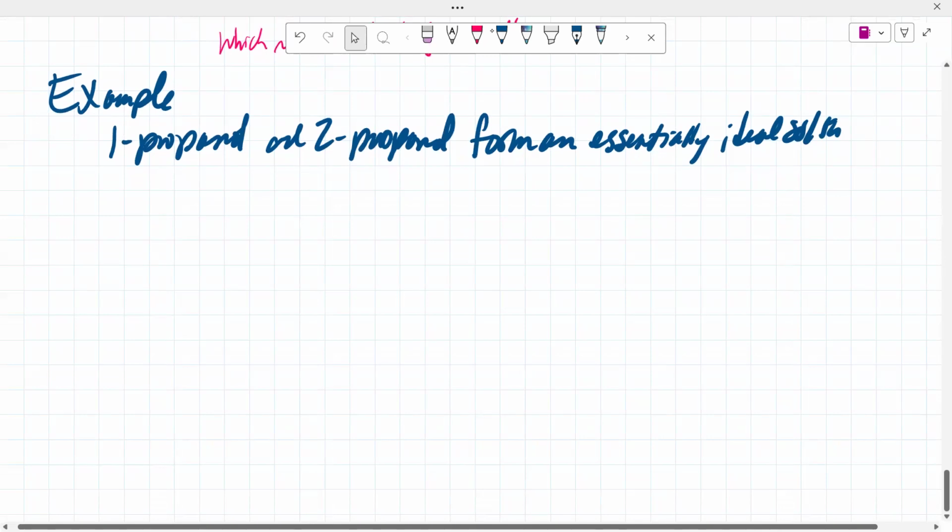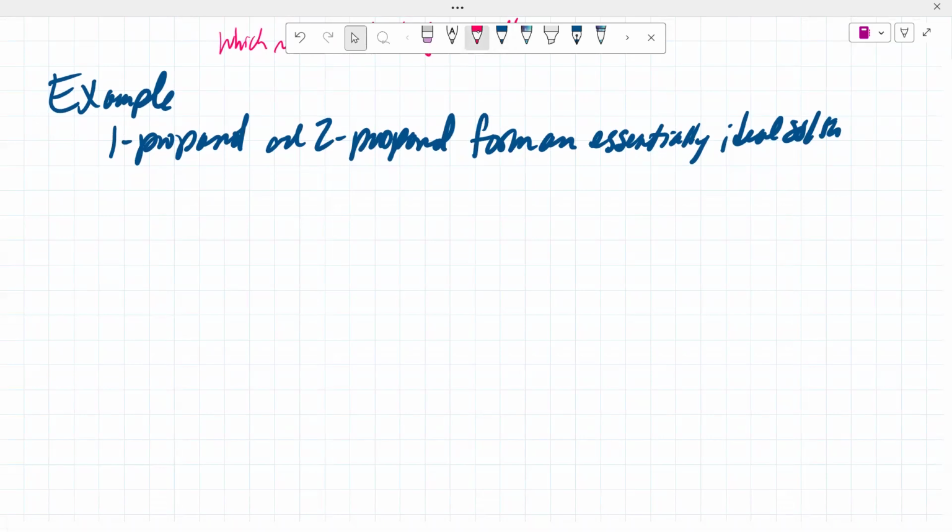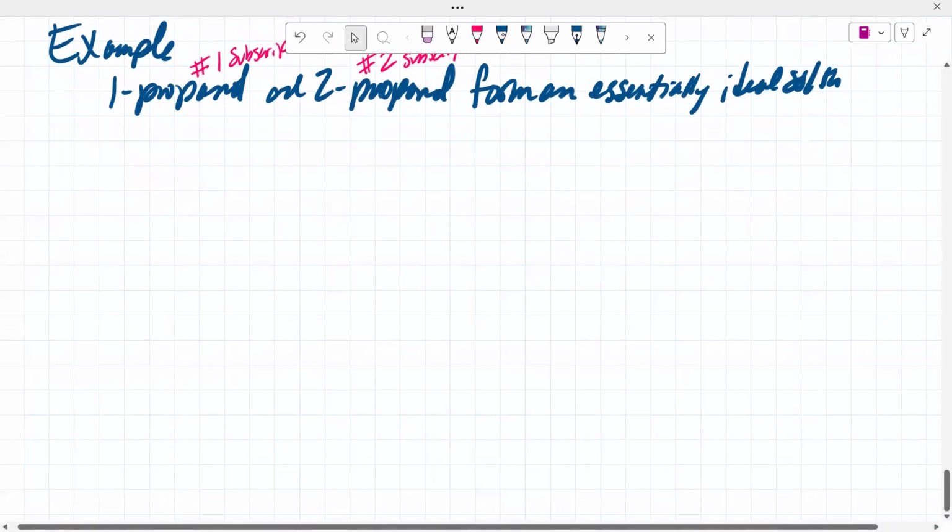Let's go ahead and assign them. We'll assign this to subscript number 1, and we'll assign this to subscript number 2. It's not a problem, right? We could assign them either way, but let's just do it like that so we can keep track.